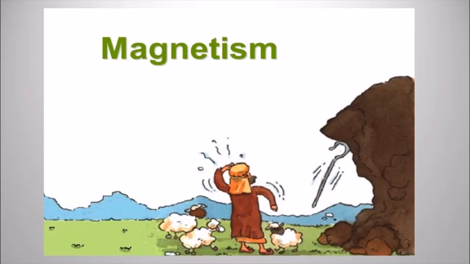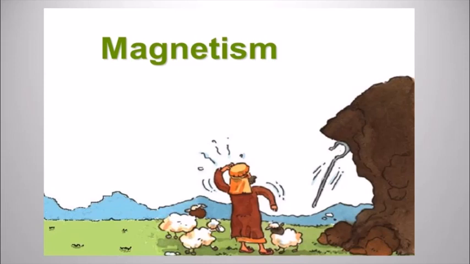So how were magnets discovered? There is a legend about the discovery of the magnet, and it is said that there was a shepherd whose name was Magnus. He used to live in Greece, and once while he was taking his sheep for grazing, he sat beside a rock, and surprisingly he saw that his stick got attracted towards the rock.